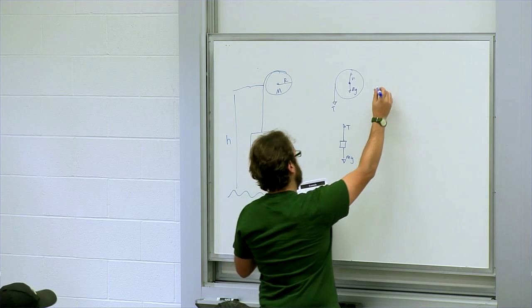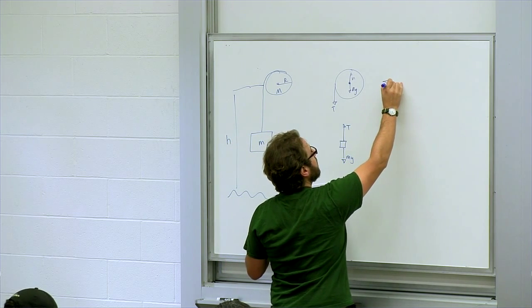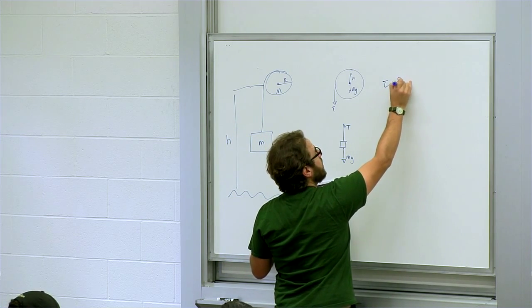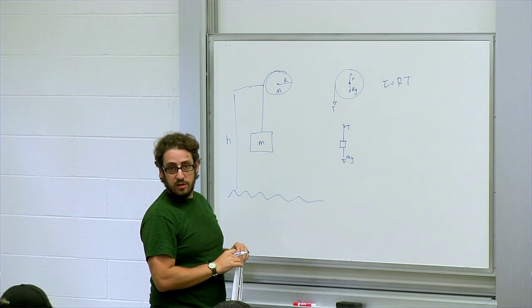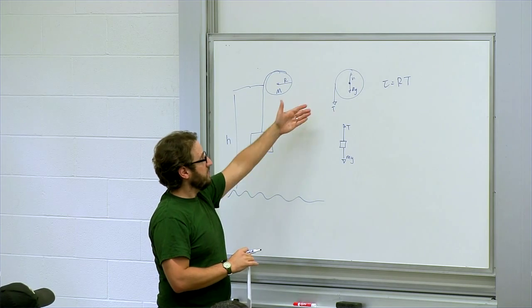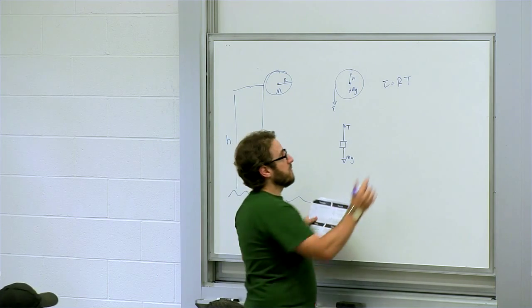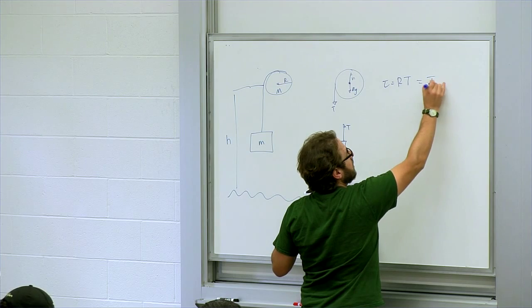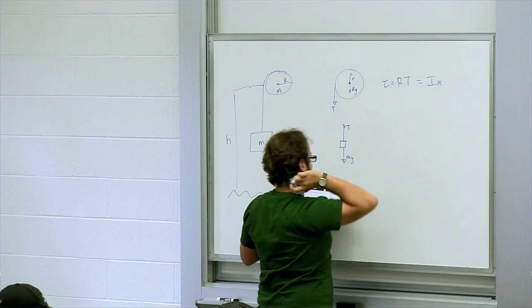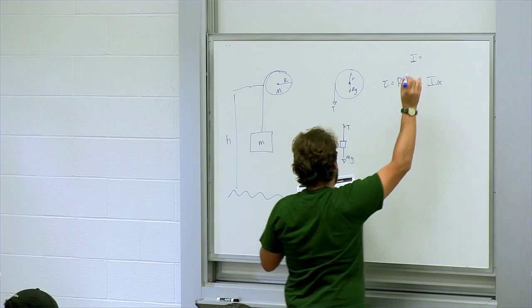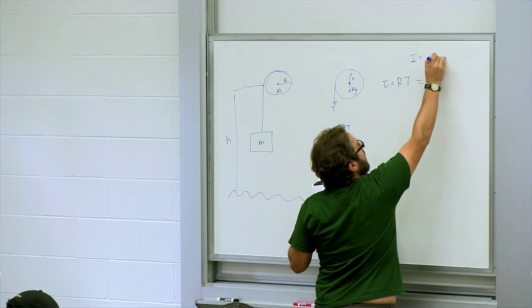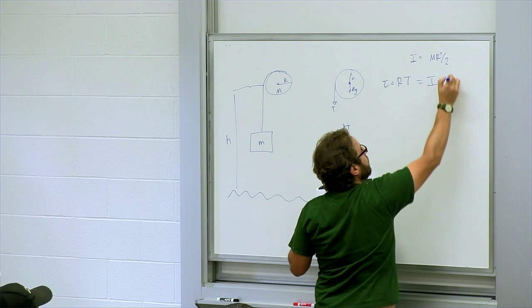So for this one, I say, well, the torque is the radius times the tension, right? The tension is what's providing the rotation, and it's tangential, right? This is equal to I alpha, right? And I can just look up I, and it is mr squared over 2, right?